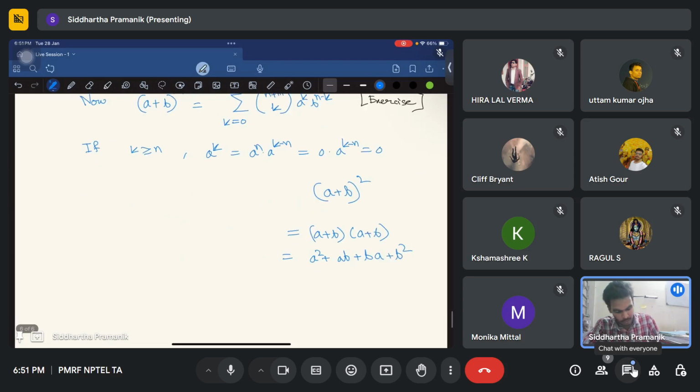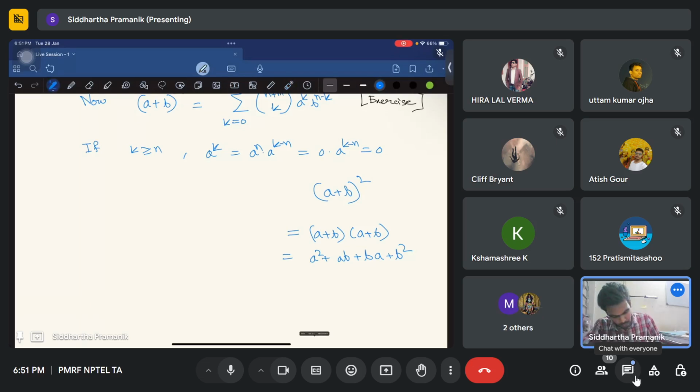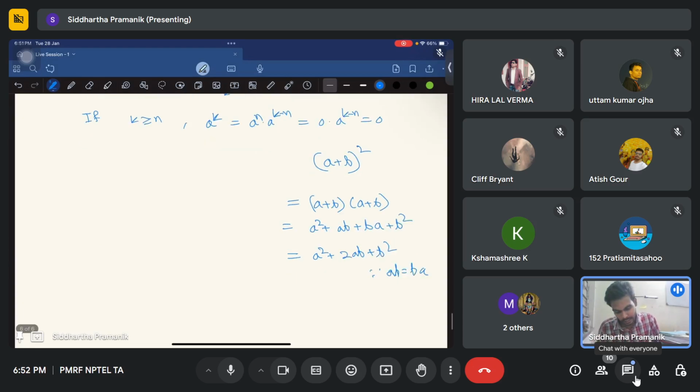Now we are in a commutative ring, so this element is equal to this element. So a square plus 2ab plus b square, since ab is equal to ba. So this is exactly the binomial formula.